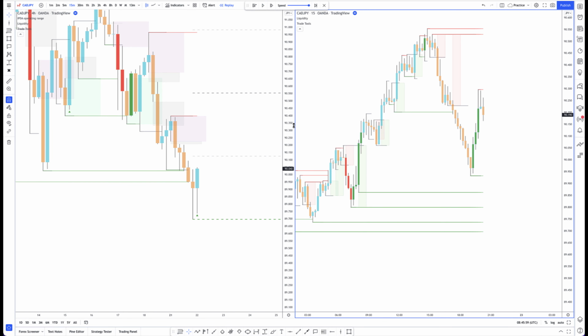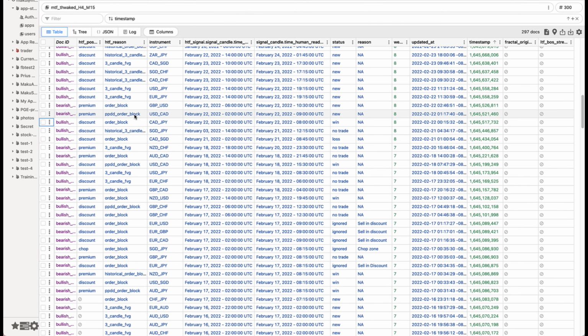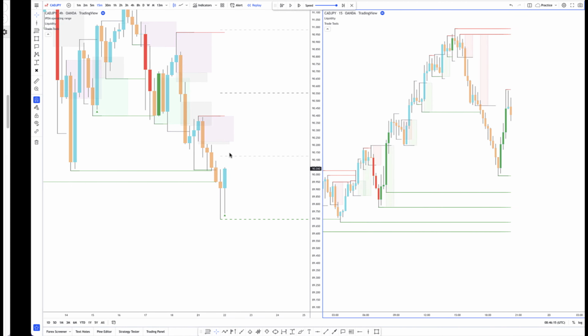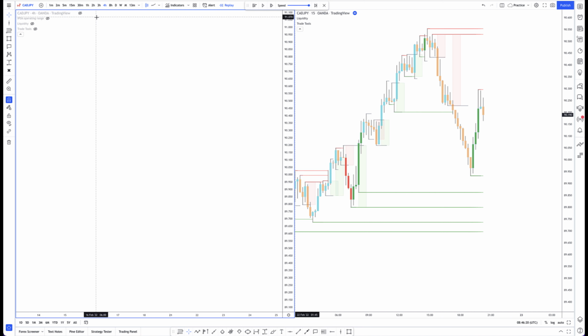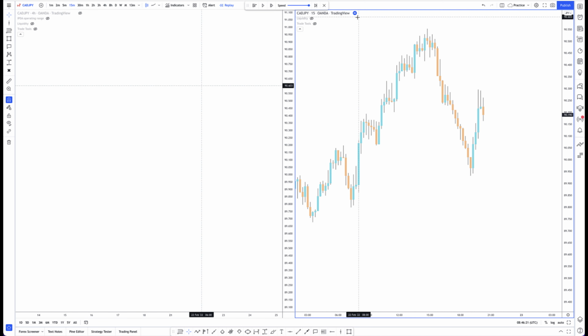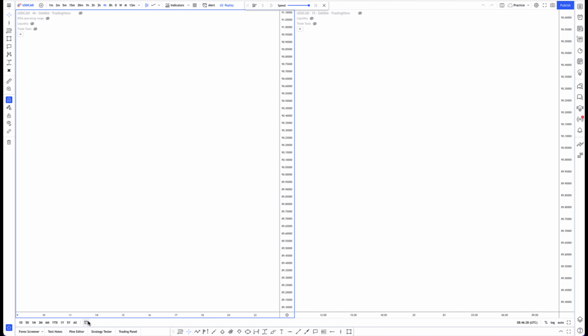Let's go to the next one. USD CAD. Okay, these are the same ones. Let's delete this one. USD CAD Feb 2022 UTC.